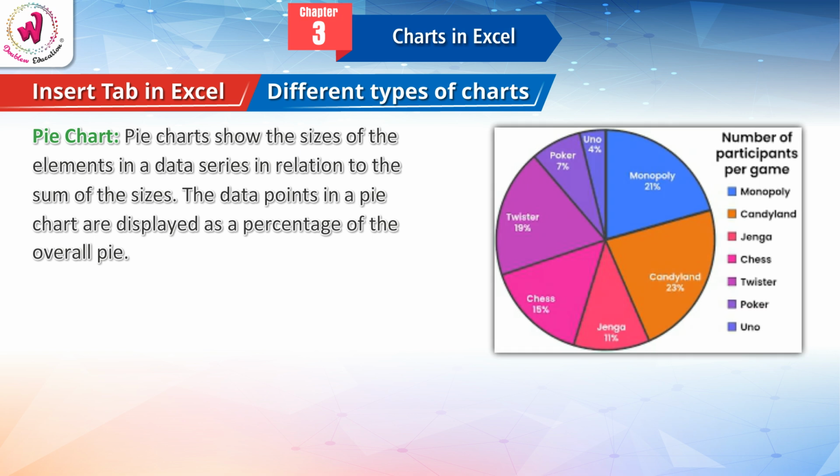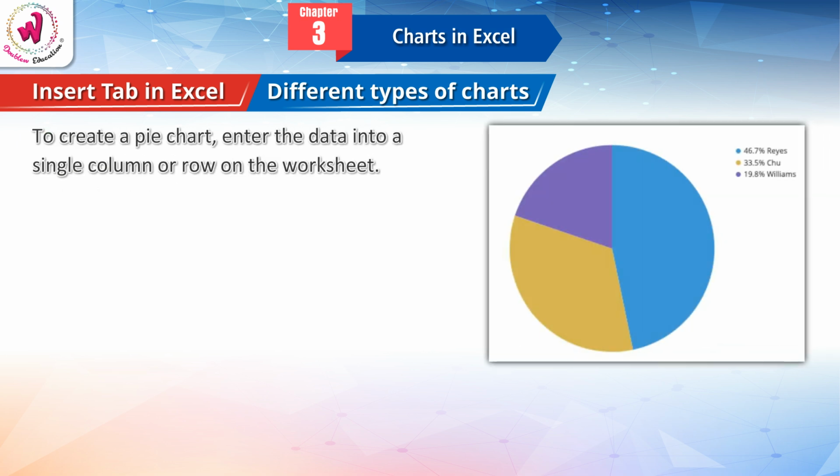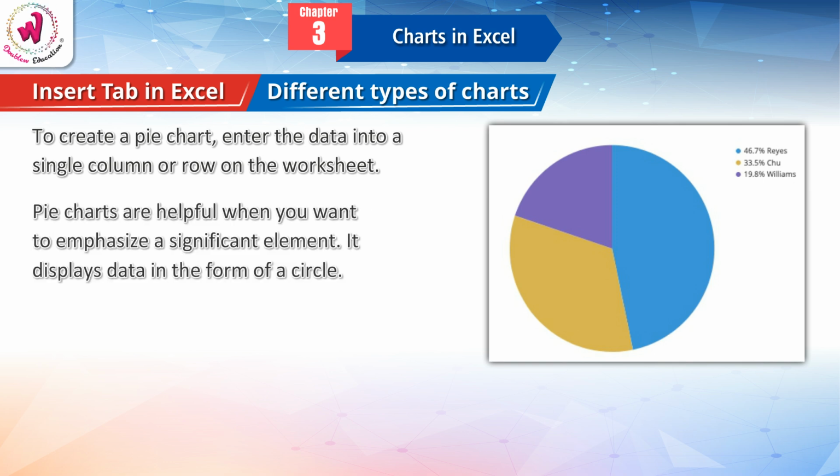Pie chart. Pie charts show the sizes of the elements in a data series in relation to the sum of the sizes. The data points in a pie chart are displayed as a percentage of the overall pie. To create a pie chart, enter the data into a single column or row on the worksheet.